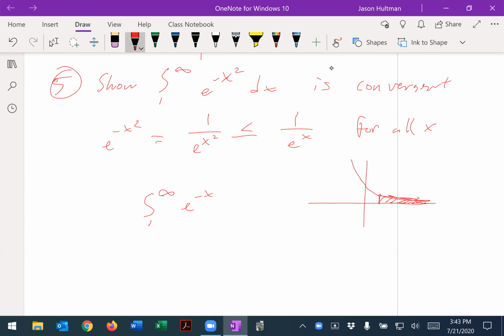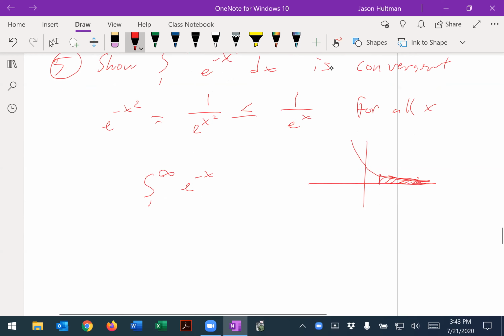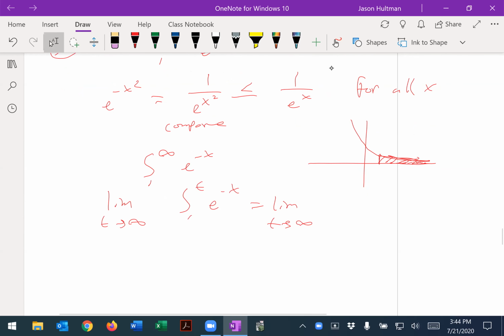It's going to converge faster. So compare this guy to my original, and let's see what he converges to. The integral of this thing is going to be the limit as t goes to infinity of the integral of e to the negative x, which is equal to the limit as t goes to infinity of... what do we got here?